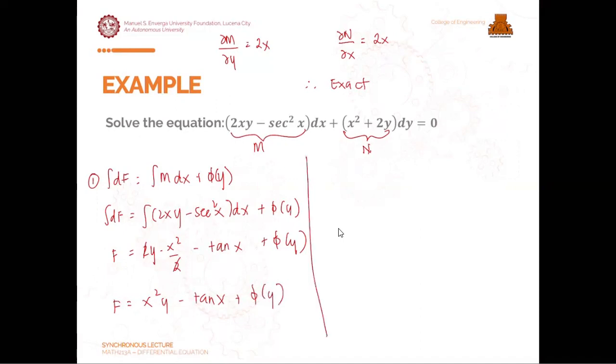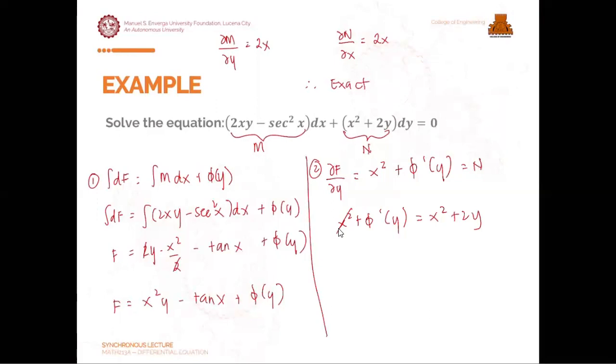Next, we get the partial derivative of the f that we obtained with respect to y. That will be x squared plus phi prime y, because we equate it to N. So, x squared plus phi prime y equals the value of N, which is x squared plus 2y.